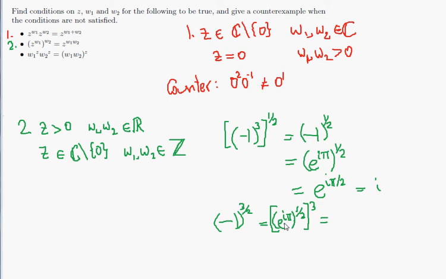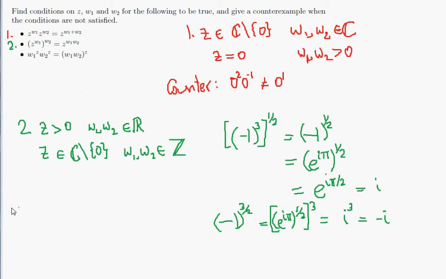So this is equal to e to the i pi to the 1/2, which we just got done saying is i, to the third, and i to the third is negative i. So the claim here that the law of exponents is false: I have a negative number, so the first rule doesn't apply, and both exponents are not integers, and so the second rule does not apply.